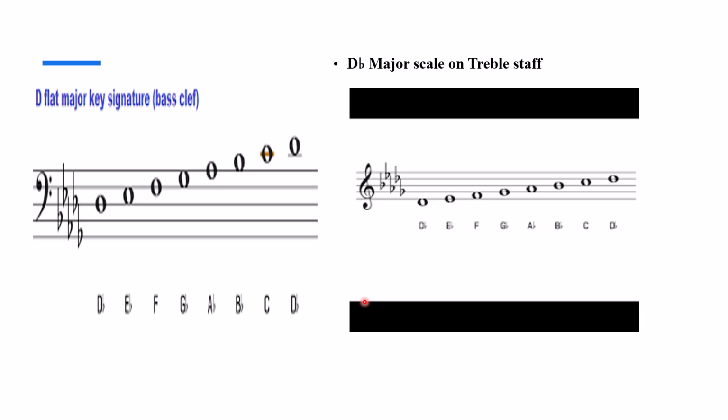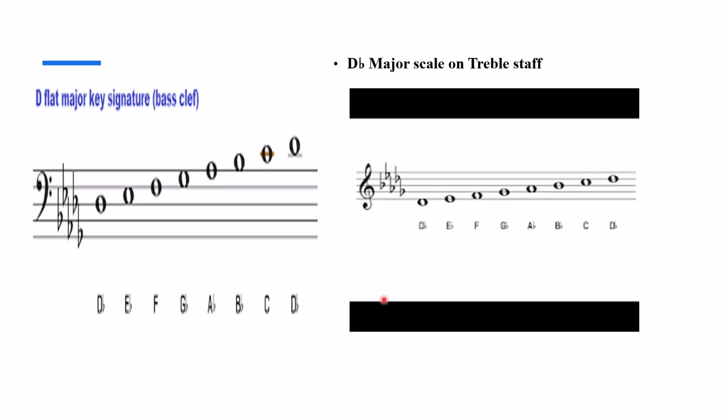You start with the first flattened note, and in the flat series you have B flat. After B flat, you have E flat. After E flat, you have A flat. After A flat, you have D flat. After D flat, you now have G flat. So you write it on the staff accordingly.